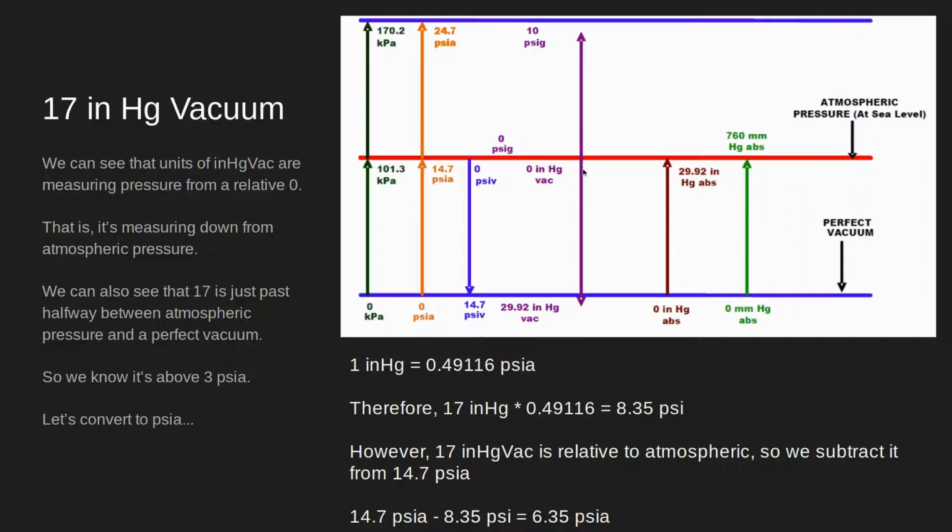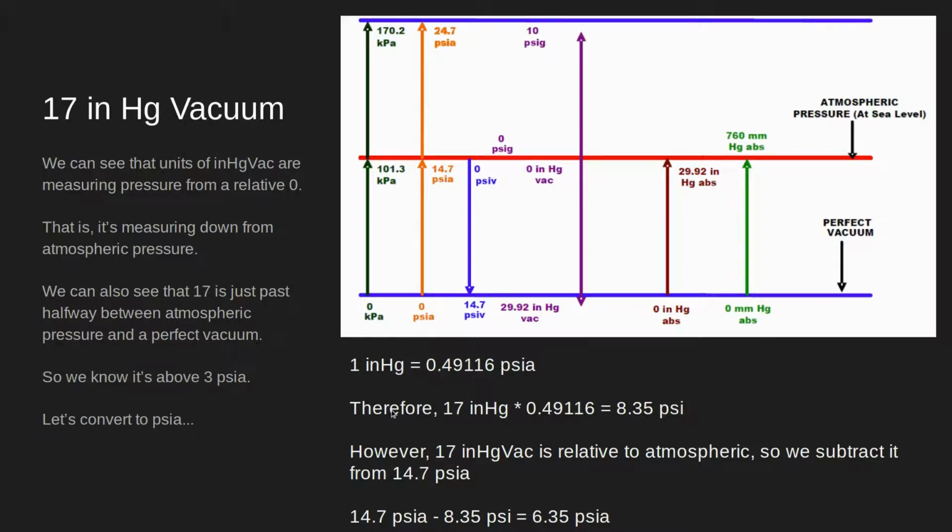Then as you move down this line, you have 1 inch mercury vacuum, 2, 3, 4, 5, 6, all the way down to 29.92 inches of mercury vacuum. Well, 17 is just past halfway to a perfect vacuum, so we know it's right past the middle somewhere. On the scale, we can see that's already going to be above the 3 psia, but we need to put it on our scale and do the conversion.